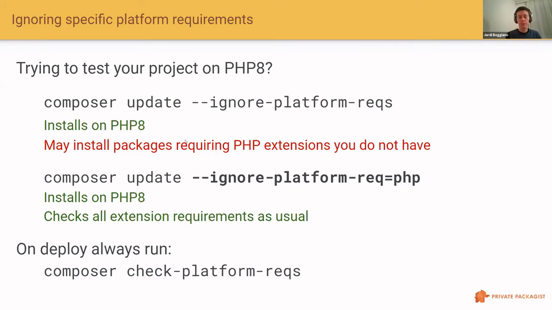However, it just didn't warn you anymore about PHP extensions which were missing if you did that. So now you have a more fine-grained approach, where you can specify the exact package you want to ignore.